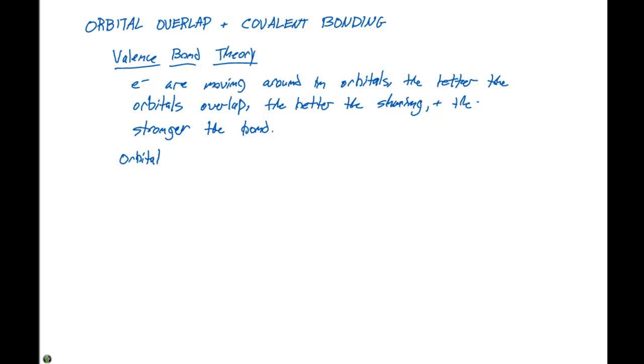Orbital overlap is going to depend on two main factors. Number one, the shape of the orbitals interacting. Another word we'll use for orbital interactions and shape is symmetry.